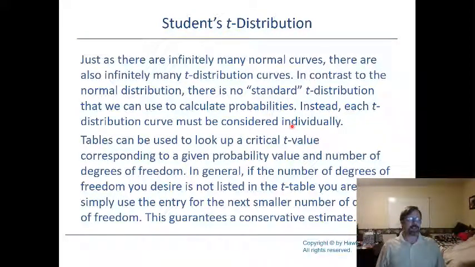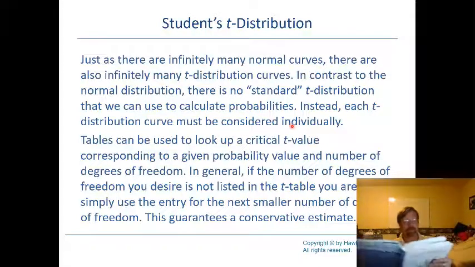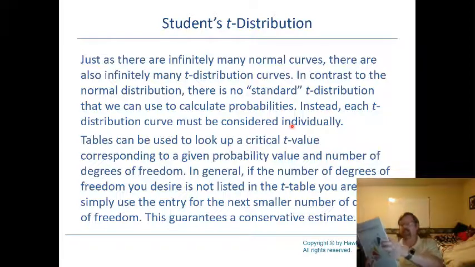In general, if you're looking at a table, and let me flip to this one, and the number of degrees of freedom you need is not listed, you go to the next smaller value.